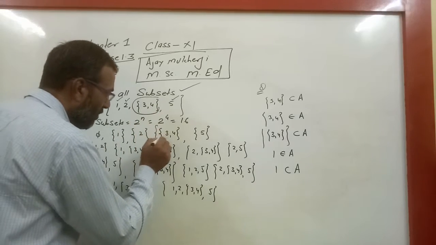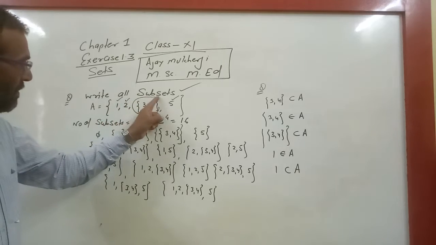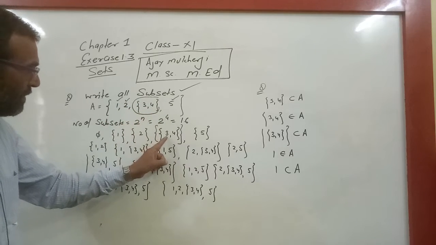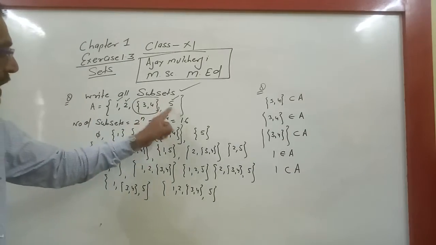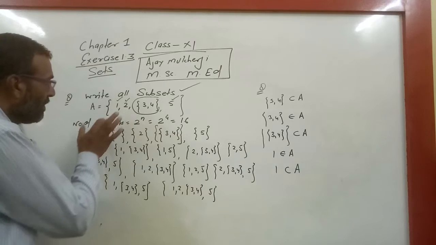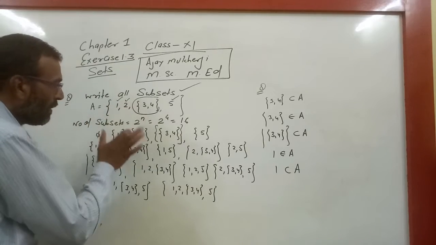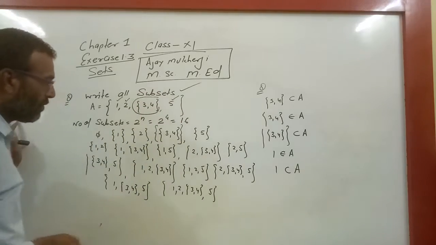This complete {3, 4} is an element, so we write it with a bracket, and {5} also in a bracket. Single elements in brackets: {1}, {2}, {{3, 4}}, and {5}.